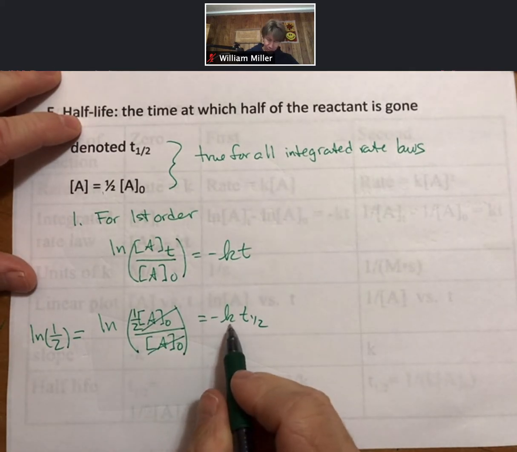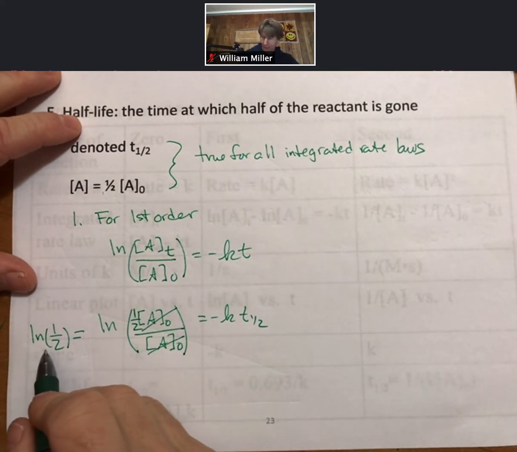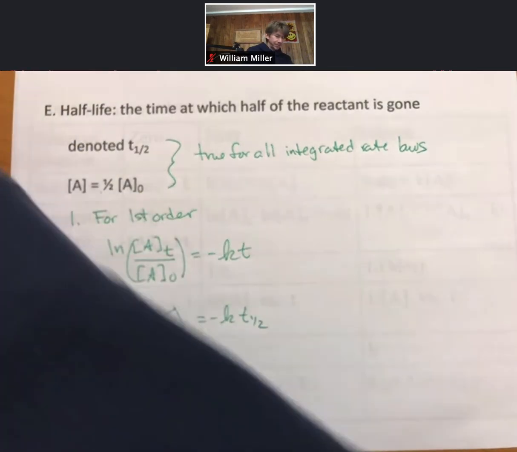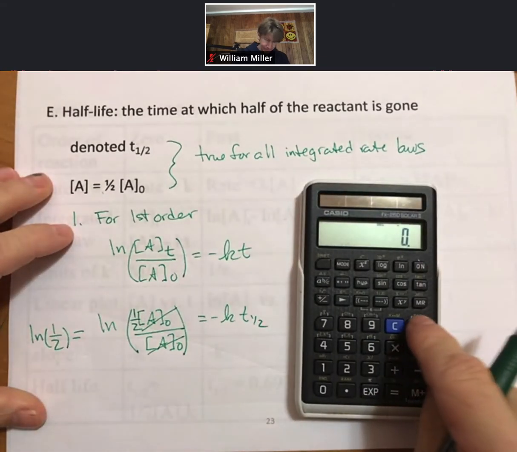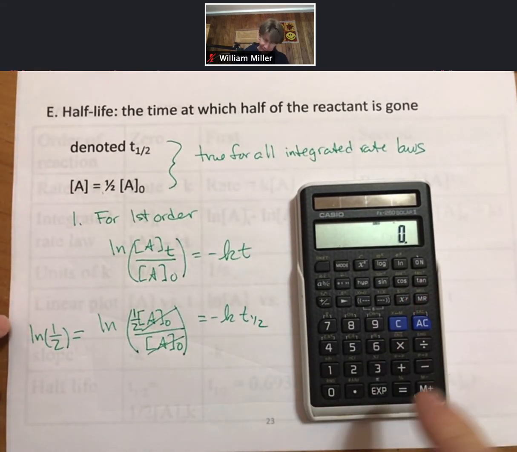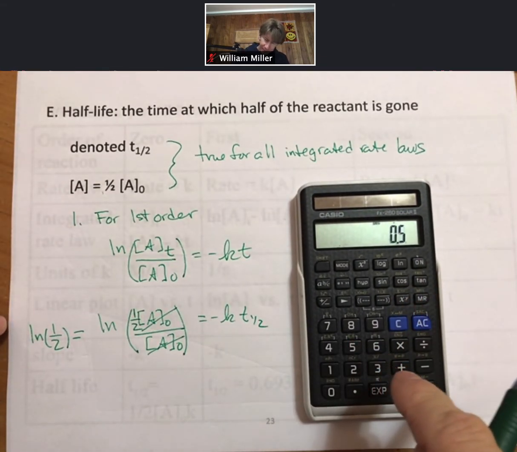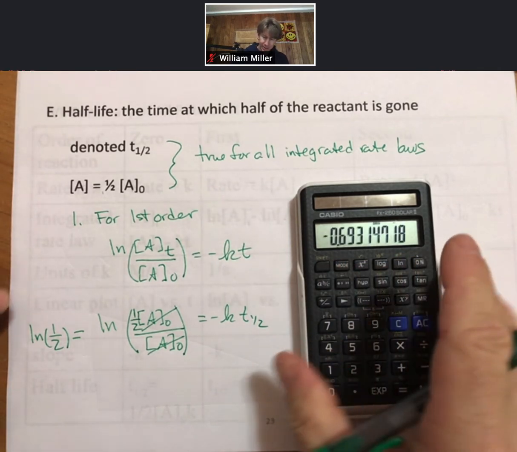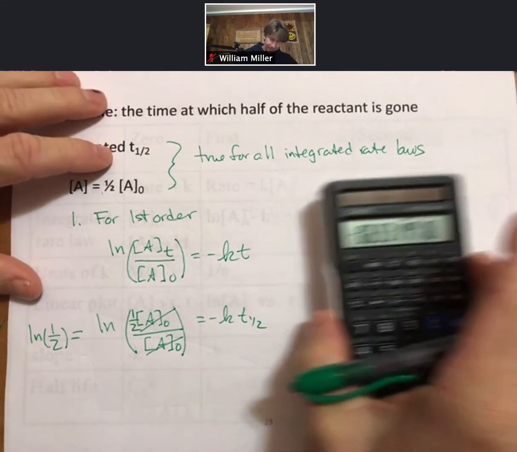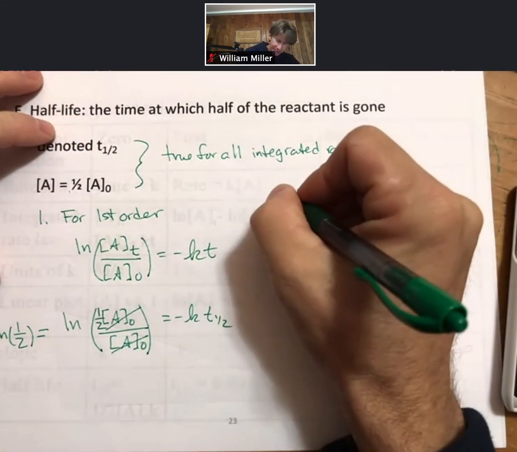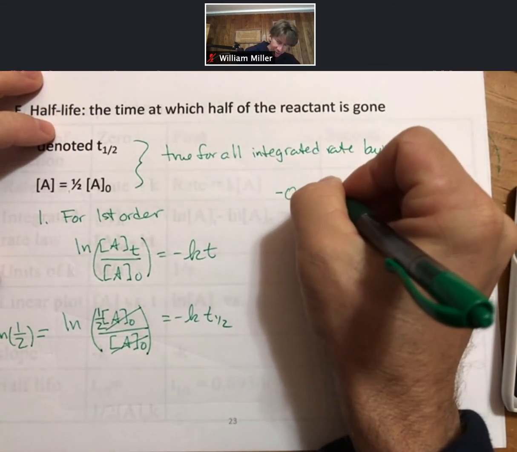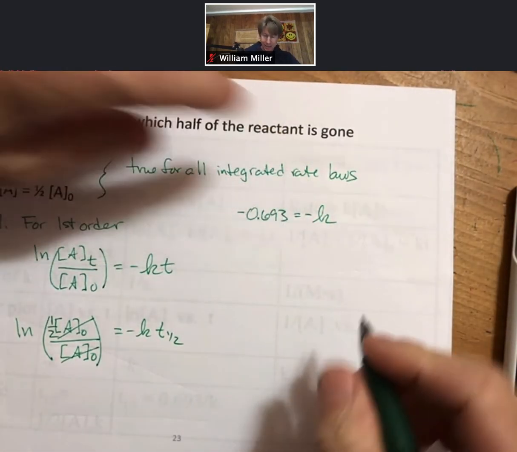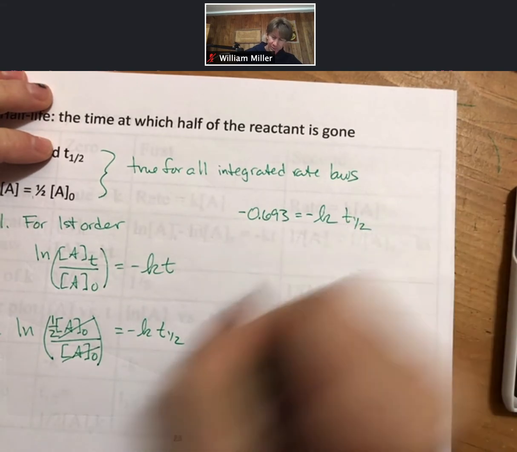And then I'll actually plug in a number here. Where did my calculator go? There we go. So ln of 1/2, I'll enter 0.5, and then I'll hit my ln button here, minus 0.693. So redoing this, it's going to be minus 0.693 equals minus K times the half-life.